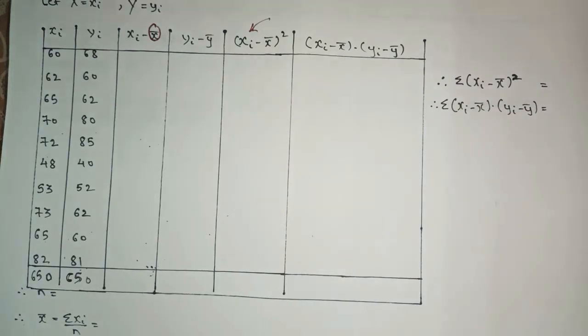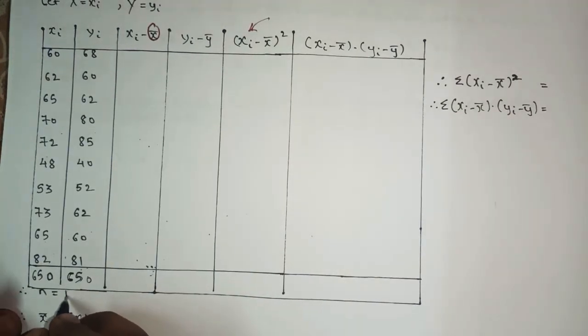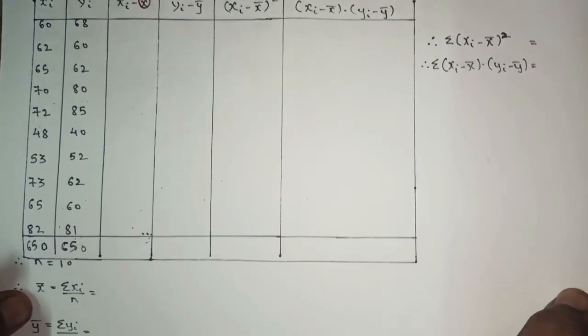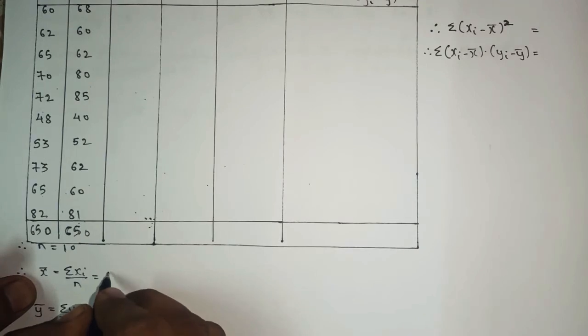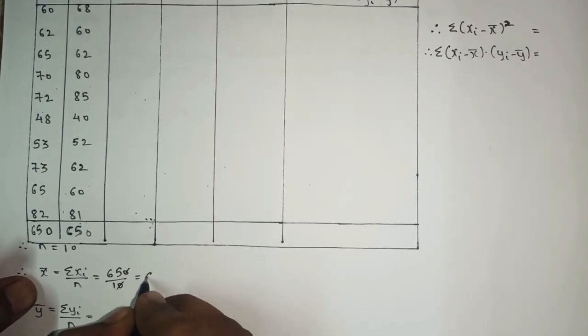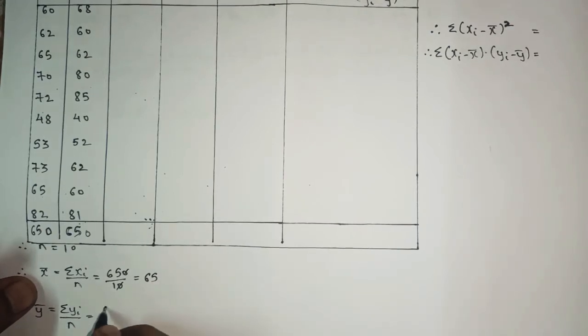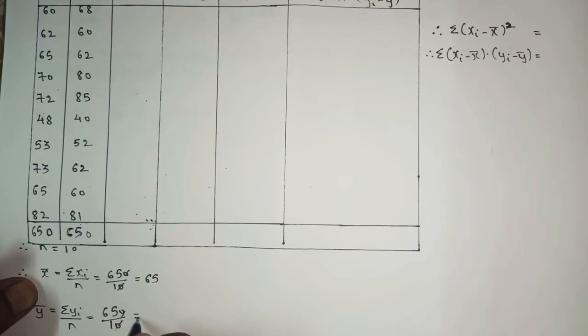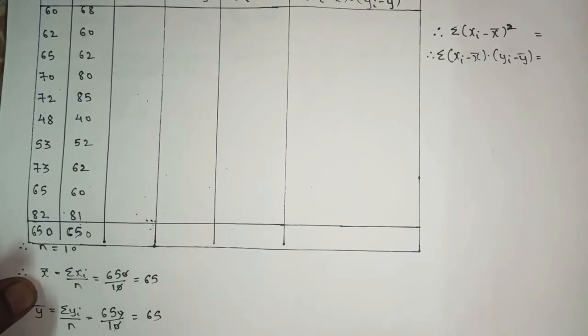After that, as we know the value of n is 10, and the total of xi is 650, x mean is 650 upon 10, so the answer is 65. The total of yi is 650 upon 10, and y mean is also 65.